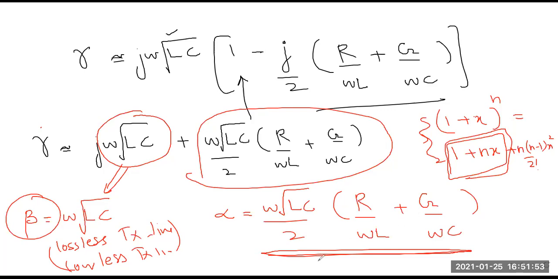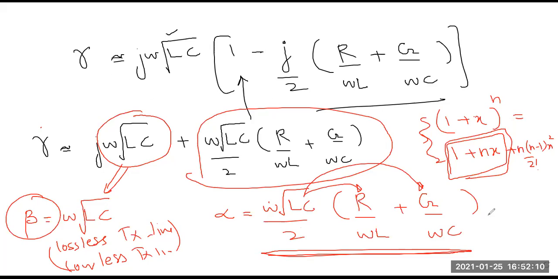Let me also write this in a different manner. Let me multiply this so that we get the final answer. This term can be first multiplied by this and then by this. You can see that some of the terms will cancel out, especially this omega term.